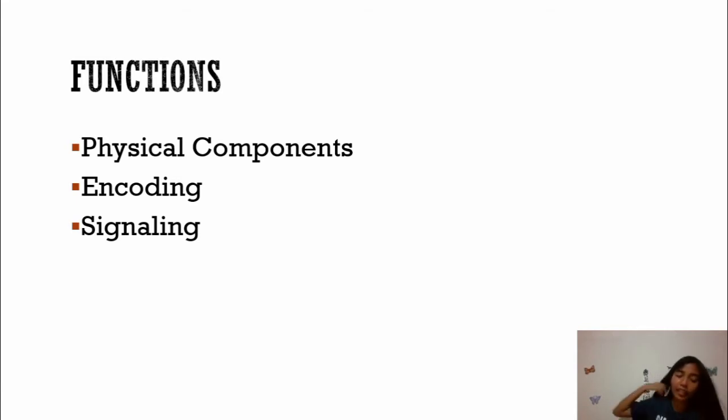In other words, encoding is a method used to represent digital information, similar to how Morse code encodes a message using a series of dots and dashes. And for the signaling, the physical layer must generate the electrical, optical, or wireless signals that represent the 1s and 0s on the media.